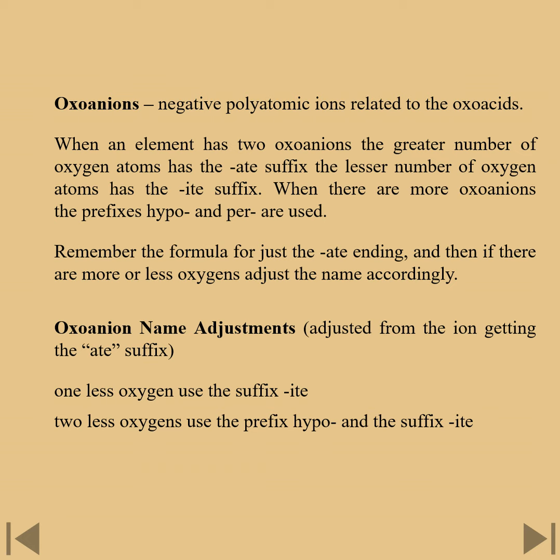So the fewest would be hypo-ite, then -ite, then -ate. If we have one more than -ate, we use the prefix per-. So we have per- and -ate. So at the bottom we would have hypo- and -ite, then -ite, then -ate, then per- and -ate, and we'll see this in this table here.